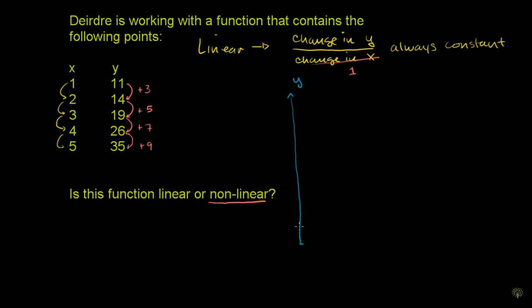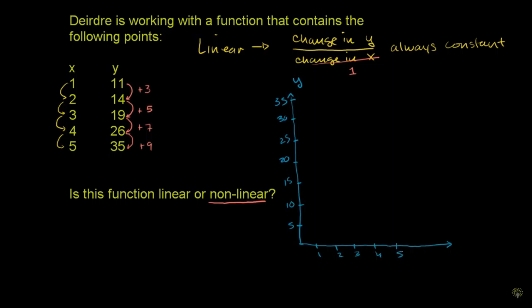I could do 5, 10, 15, 20, 25, 30, and then 35. And then our values go 1 through 5. I'll do it on this axis right here. They're not obviously at the exact same scale, so I'll do 1, 2, 3, 4, and 5.